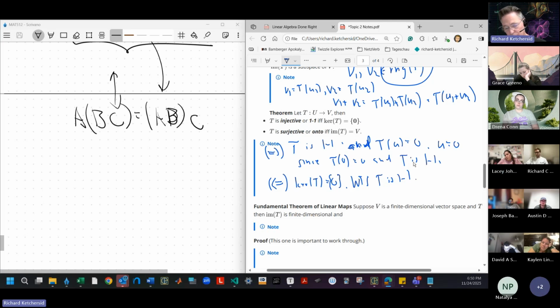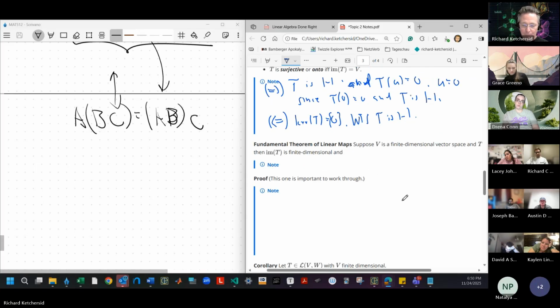So what can I do? How would you show T is 1-to-1? Fundamental theorem of linear maps? No, it's much easier than that. We haven't actually got there yet.